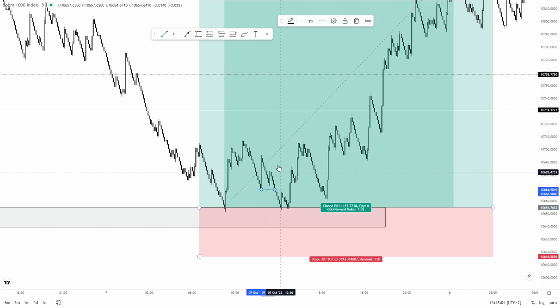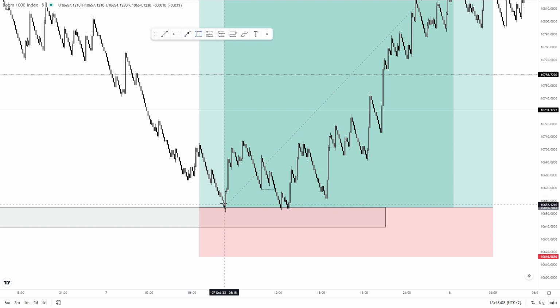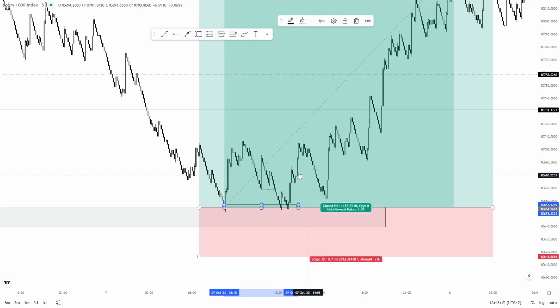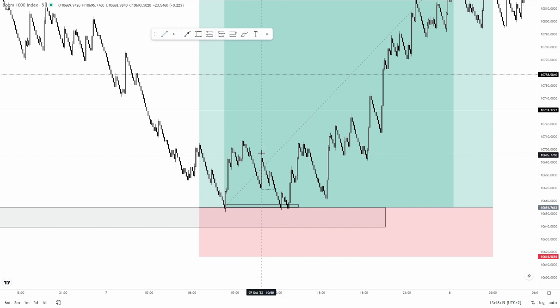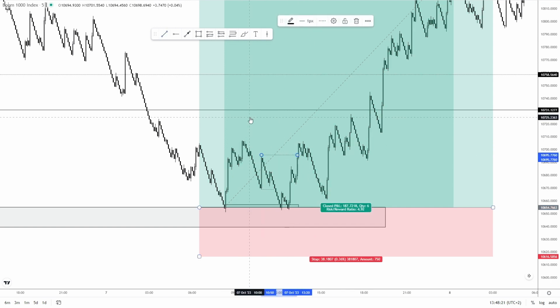Liquidity swept. You can literally see it's above an old order block. Market structure shift. Impulse move.